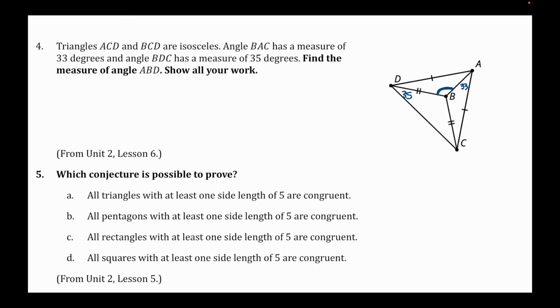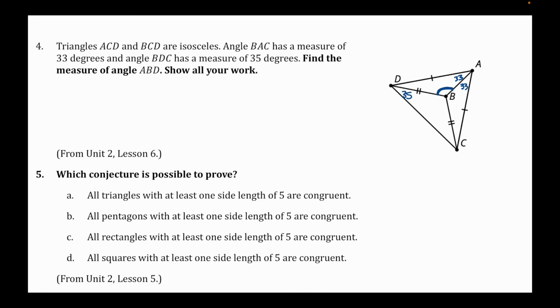So we have some choices. We can actually use the 33 if we want, but I'm a fan of doing this the other direction, but I'll show this one the other way. So if we use that 33, we also know this is going to be 33 right across from it.